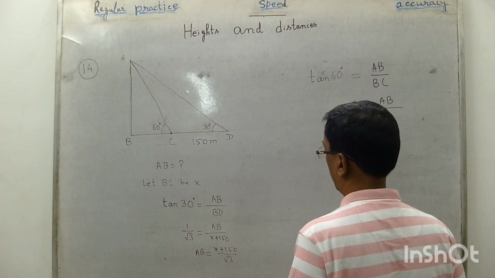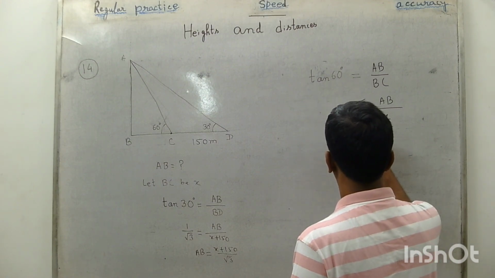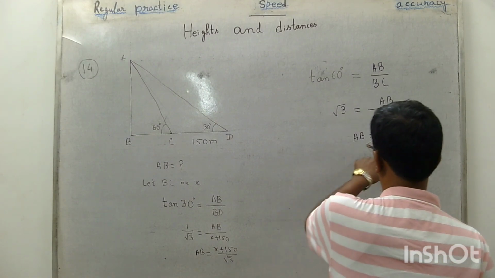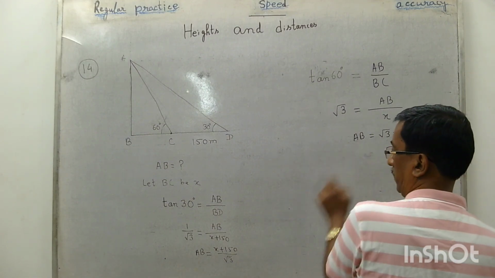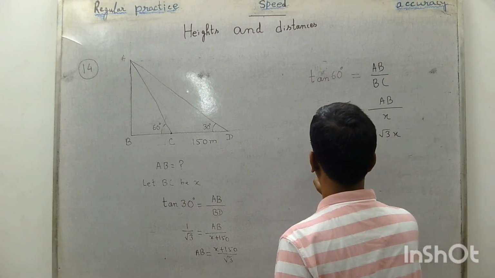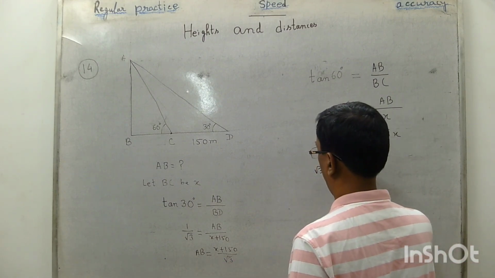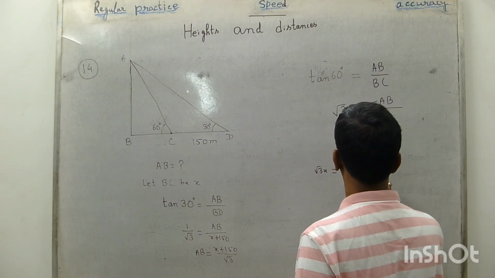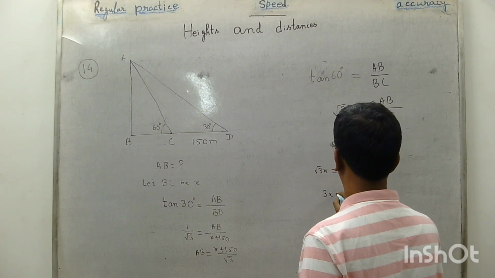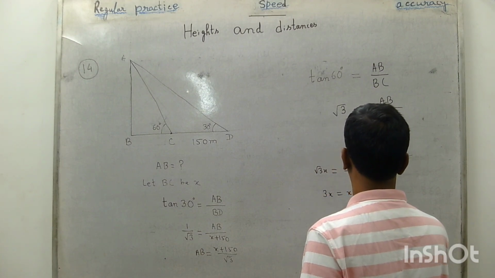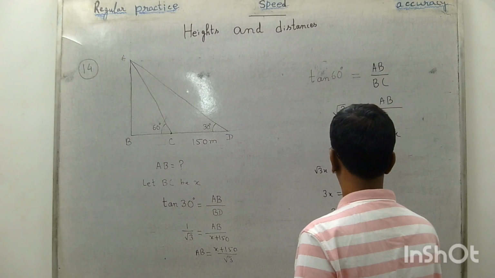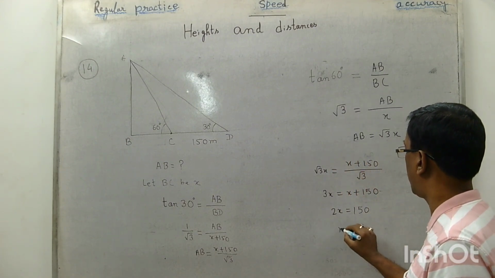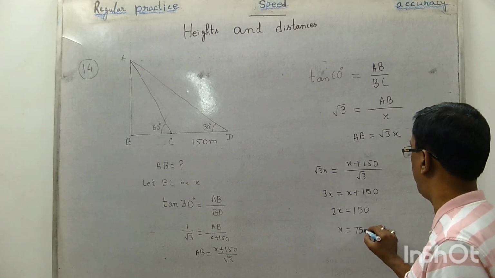So AB equal to root 3x. Now I place this value here. What I have, root 3x equals to x plus 150 by root 3. क्रॉस मल्टीप्लिकेशन से आएगा 3x इक्वल्स टू x प्लस 150, 2x इक्वल्स टू 150, x इक्वल्स टू 75 meter.